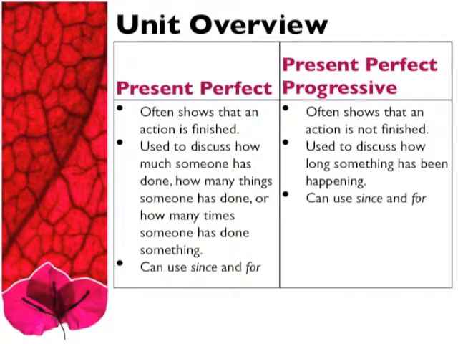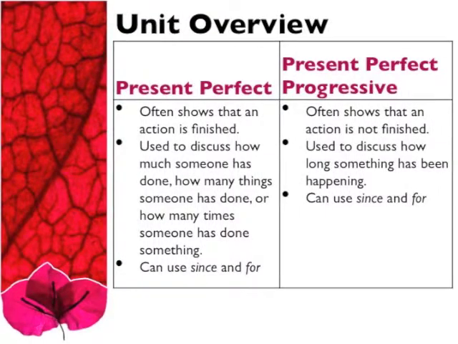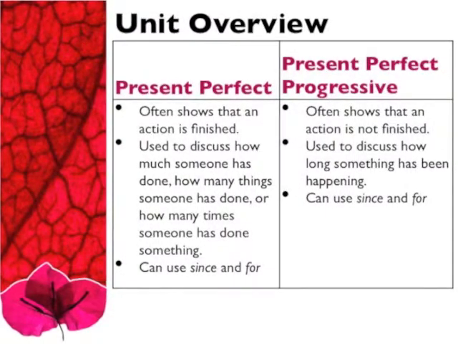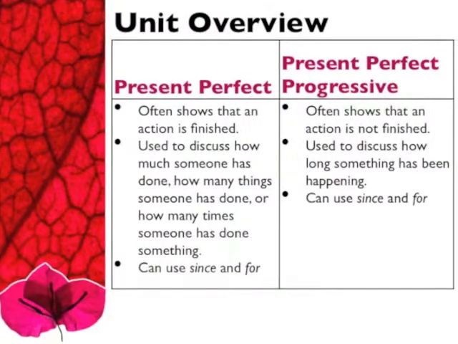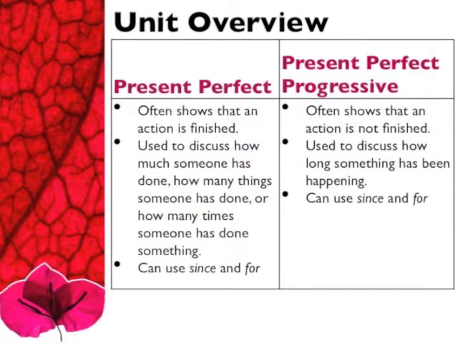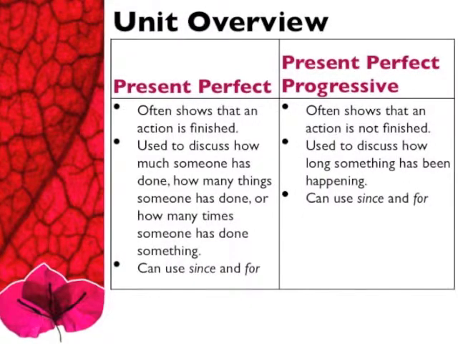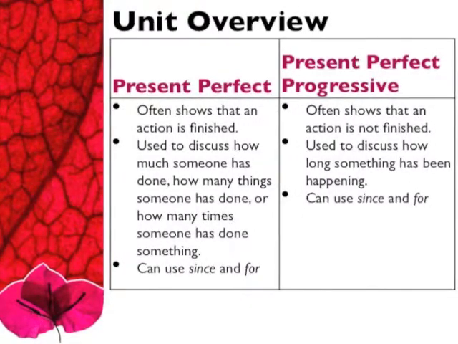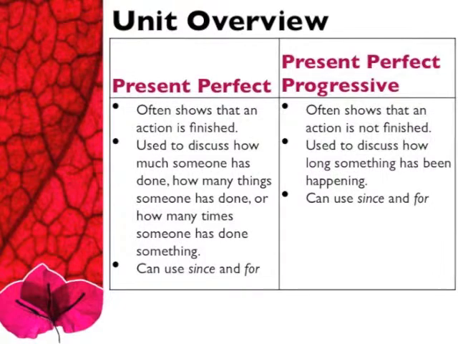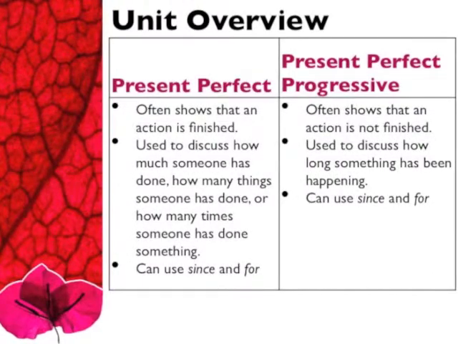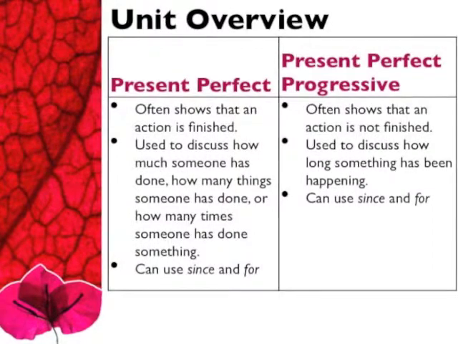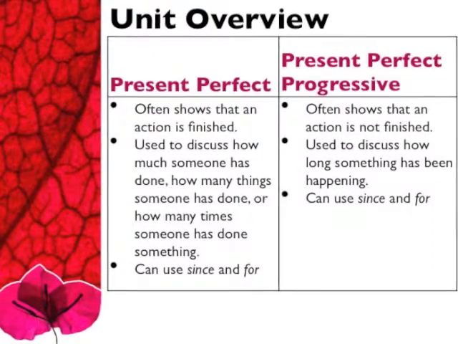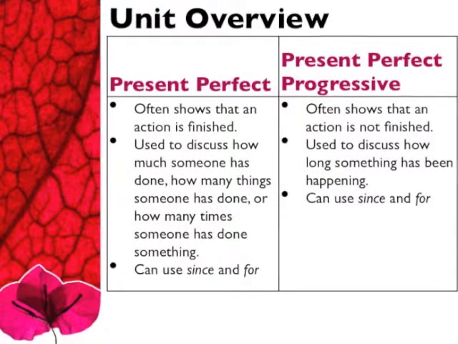Let's go ahead and get started by looking at a unit overview. In the other videos, we talked about present perfect being an unfinished time period. Well, sometimes it discusses a finished action as well. Typically, the present perfect is used to discuss how much someone has done, how many things that person has done, or how many times someone has done something.